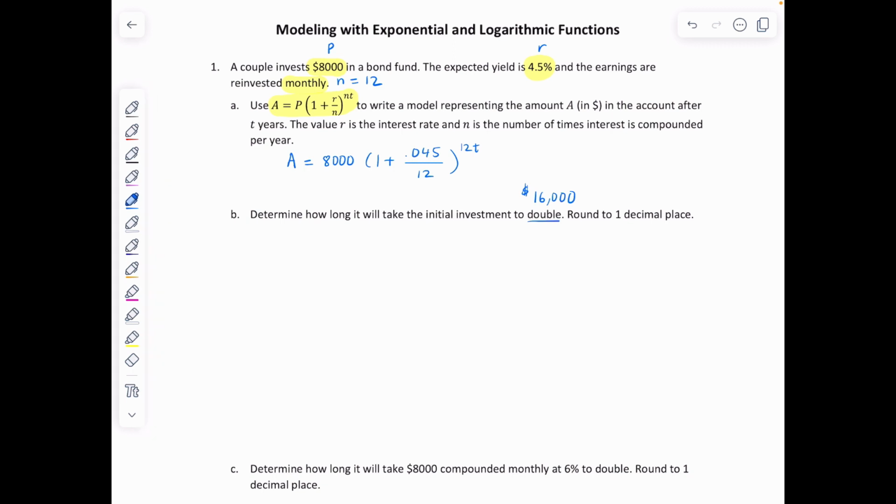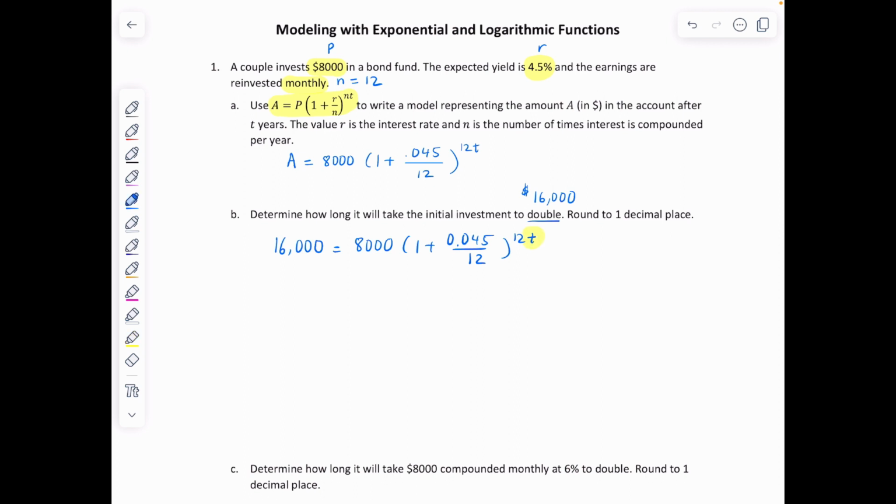So we're going to plug in A, which is the amount that we want to have after T number of years. So that's going to be the future value that we wish to have. Then 8,000 times 1 plus 0.045 over 12, and then to the 12t. Our goal is to calculate how long, so we need to find this t.